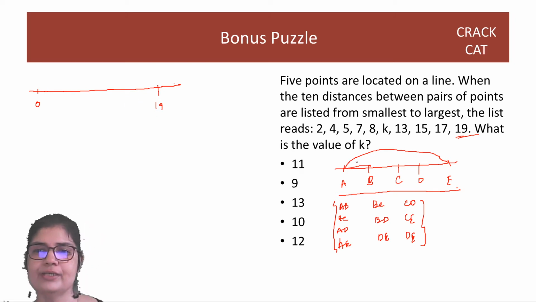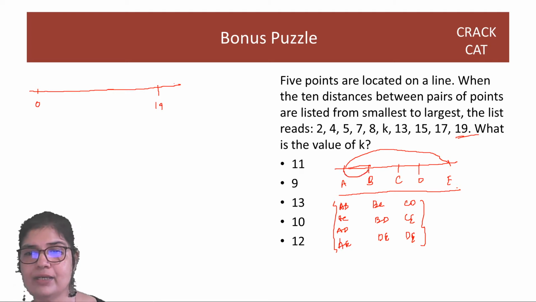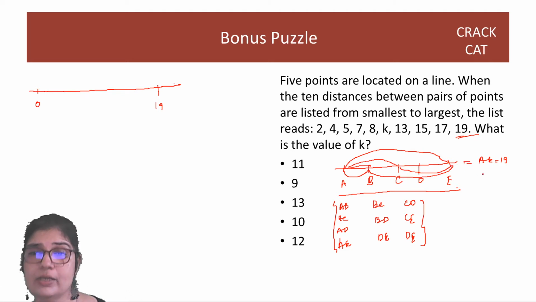For that, you have to understand, okay, there are 2 cases. One case is where AB plus BE will be equal to AE, which is 19. And there's another case, AC plus CE, which will also be equal to 19.